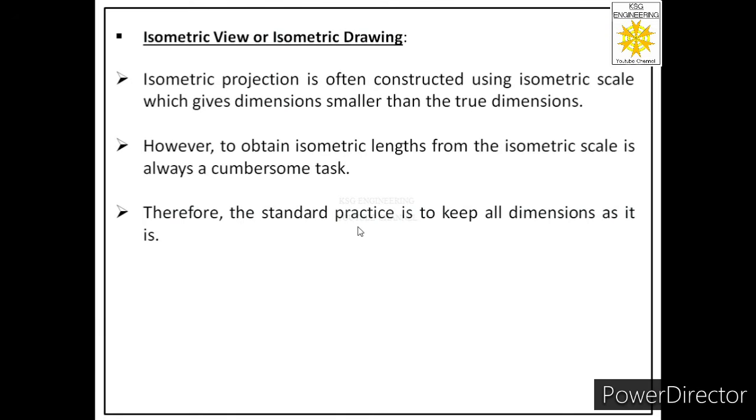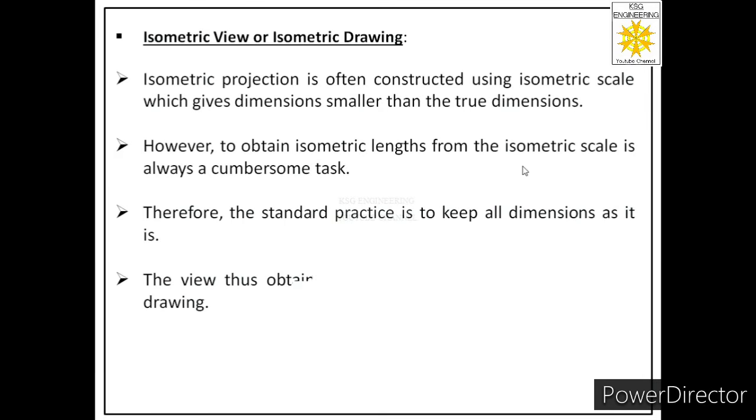So in order to get rid of this cumbersome task of getting isometric lengths for actual lengths through isometric scale, what we do, we don't reduce the actual dimensions of the object. We use actual dimensions as they are, but we follow all the fundamentals which we have learned under isometric projections.